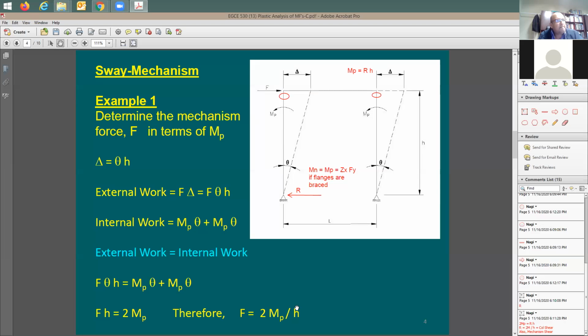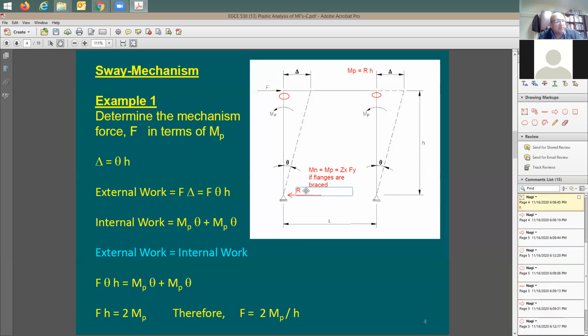So, okay. Now let's figure out the moment that's going to get developed in the column. If you push with the force F, this R is going to be equal to what? Because I have symmetry in the columns, two identical columns, this is going to be equal to F divided by 2, 1/2 of the force, which makes sense, right?